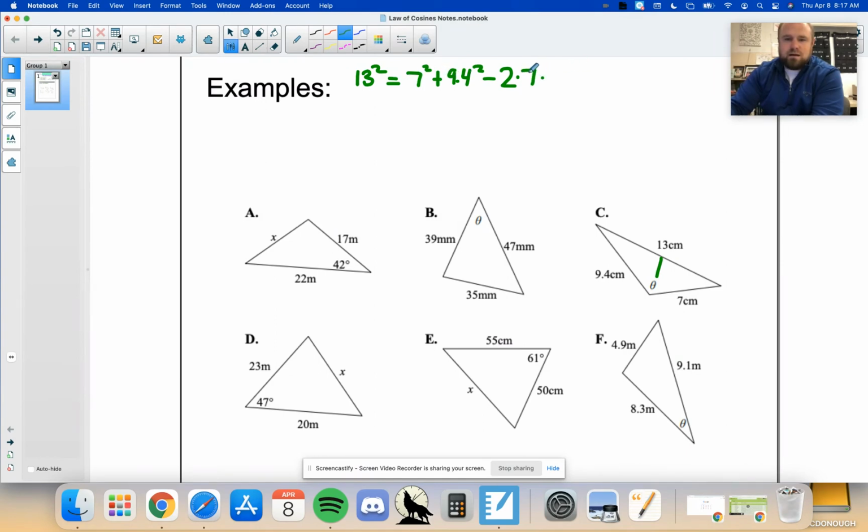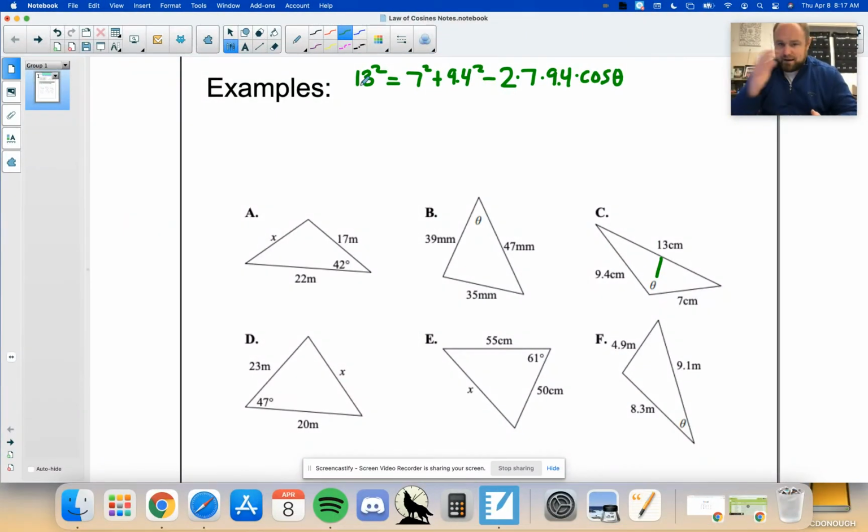Then that gets multiplied by the 9.4, which is the second number. And then that gets multiplied by the cosine of theta, which is what we're looking for, angle theta. Okay, so this is using the law of cosines because we have the cosine here.